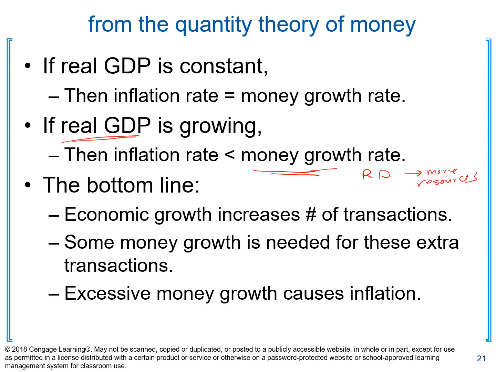So, well, these are some more discussions also. Economic growth increases the number of transactions. That is true. Then what? Then GDP will go up, right? GDP goes up. So more money growth is needed for these extra transactions.